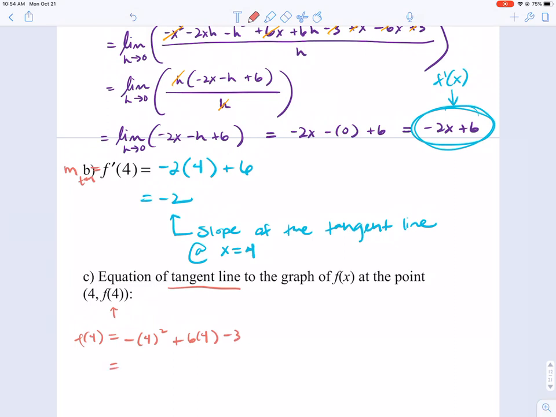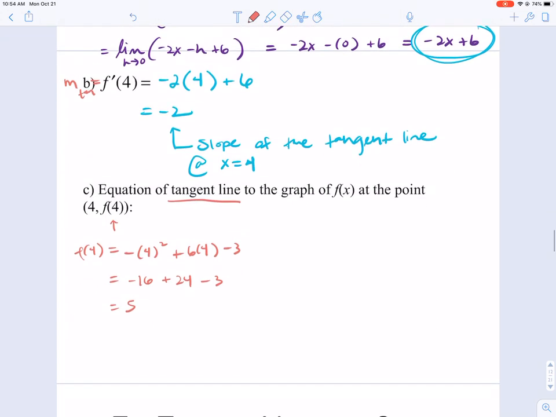Okay, so f of 4, looking back at the original function, it looks like f of 4 is going to be negative 16 plus 24 minus 3, which is positive 5. So the point that we calculated the slope of the tangent line to is the point 4 comma 5. And then the slope of the tangent line is negative 2.